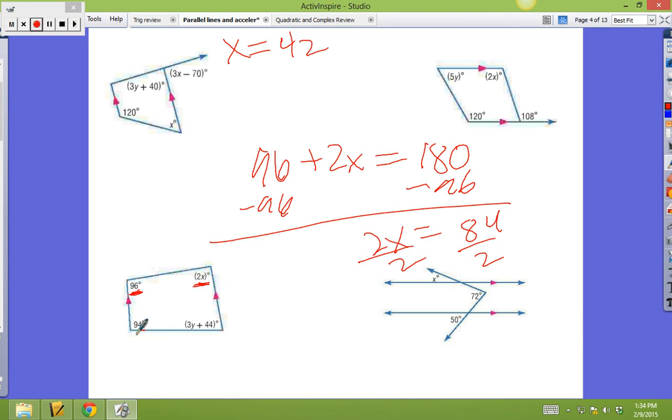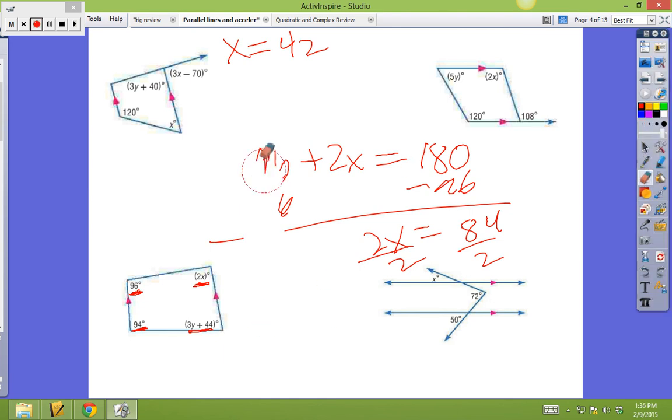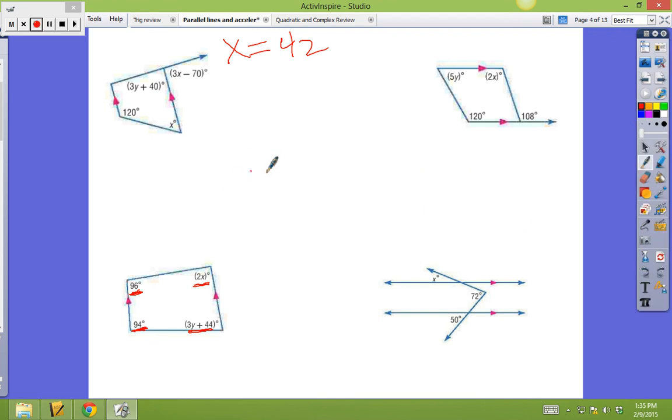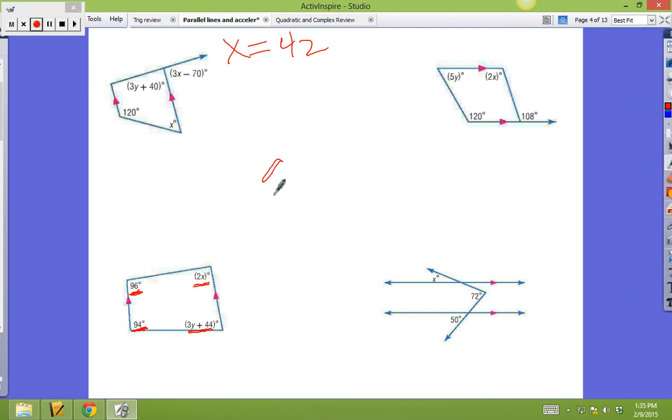And then y is going to be the same thing. These are consecutive interiors, so they're also supplementary. So the 94 plus the 3y plus the 44 all adds together and gives you 180. So I'm going to have my 94 and 44. 94 plus 44.